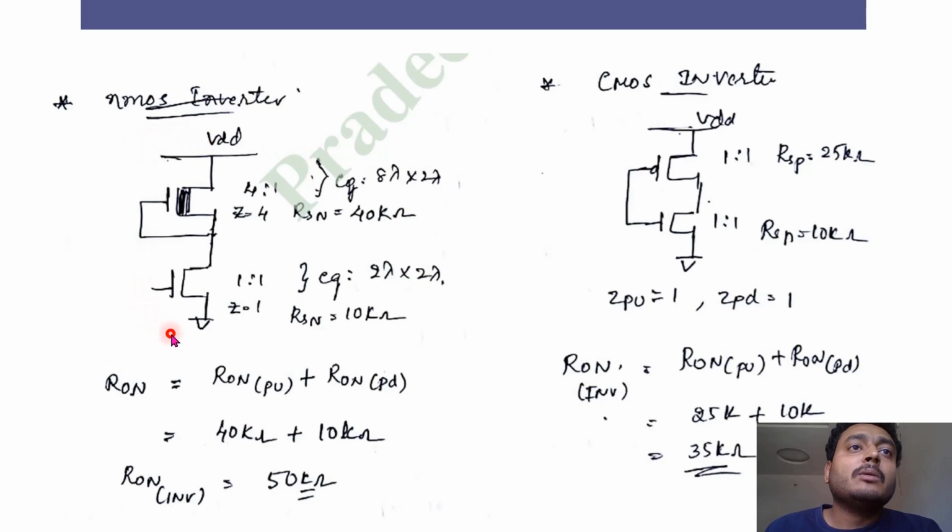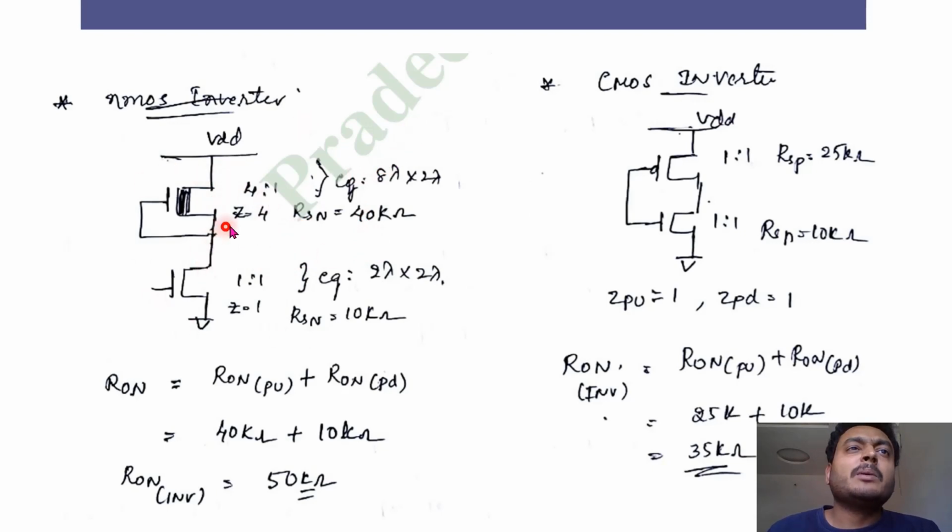So the total overall resistance Rn is the resistance of the pull up device plus the on resistance of the pull down network, which is 40k plus 10k, that is 50k. This means there will be static power dissipation, because both are on, so there is a resistance from VDD to VSS, which we can take as 50 kilo ohm.